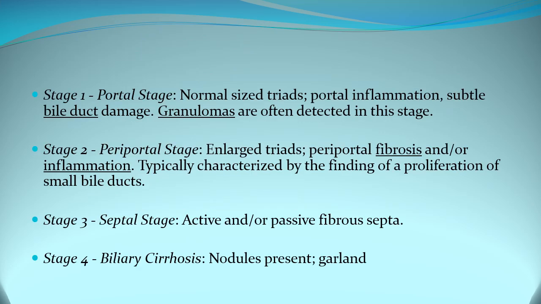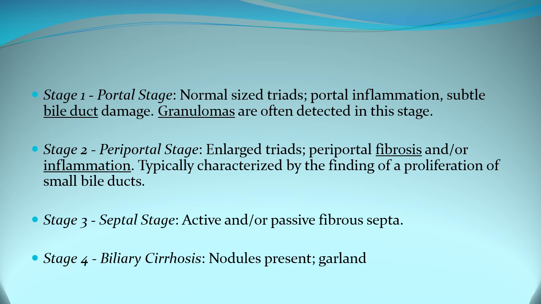There are certain stages. In the initial stage, stage 1, named the portal stage, there is a normal size triad with portal inflammation, lymphocytic infiltrate, bile duct damage, and granuloma might be seen. In the second stage, the periportal stage, the periportal area is involved. The triad is enlarged, and there is periportal fibrosis or inflammation, typically characterized by proliferation of the small bile ducts.